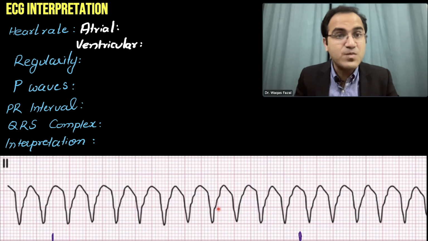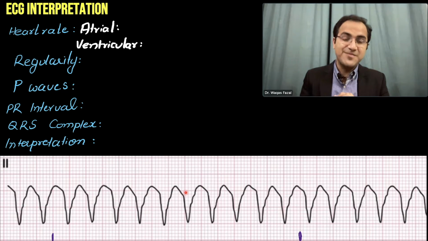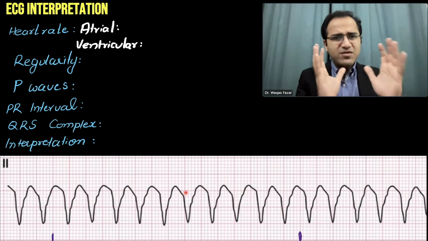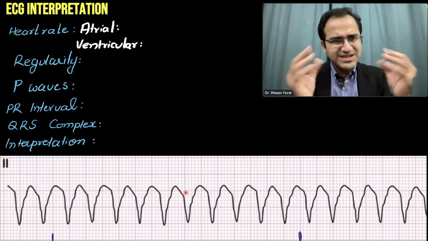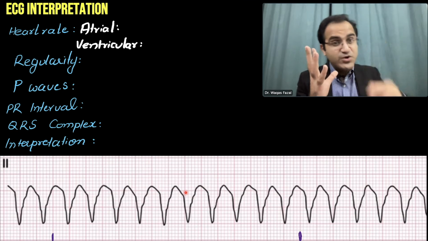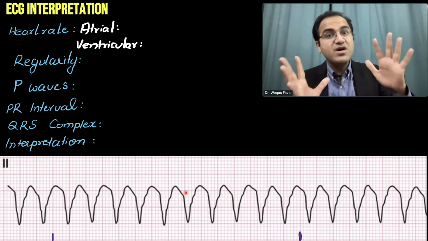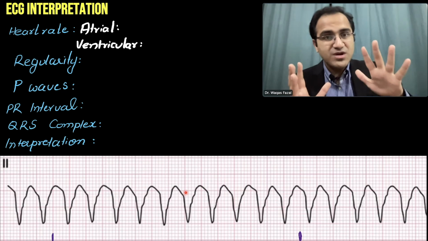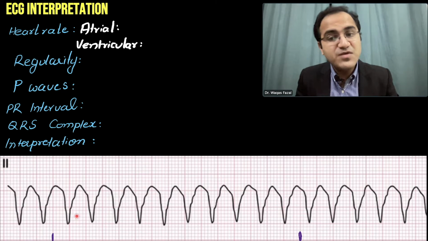Now remember, this is a monomorphic ventricular tachycardia. This is an important thing to remember. There are actually multiple foci in the heart that are producing electrical currents in the ventricles, but when one focus is dominant over the other foci, it will produce a ventricular tachycardia that looks the same.